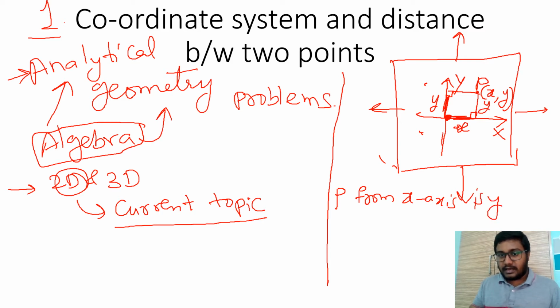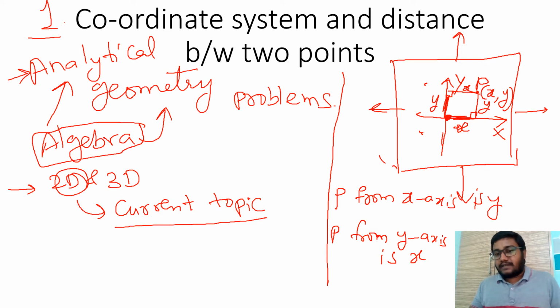Similarly, the distance of point P from the y-axis is x units. This is very important because the point P covers a distance on the x-axis of x units and on the y-axis of y units, but from the x-axis it is y units, and from the y-axis it is x units. Both are alternate.